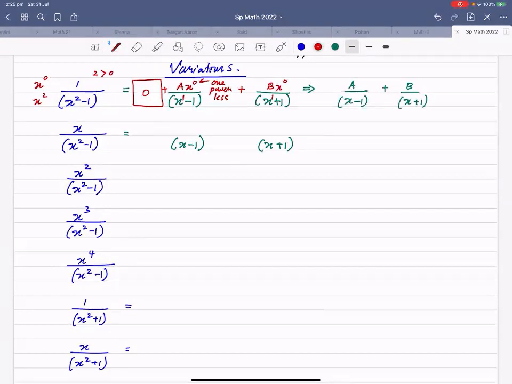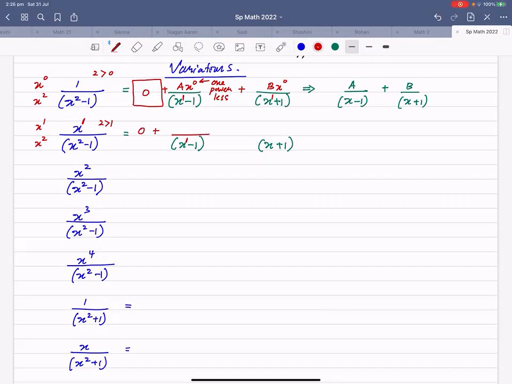In the second one, the numerator, the highest power is 1. Denominator highest power is 2. So x1, x2, right? Highest power. So now 2 is greater than 1, that means you are going to put 0 here. Then you will look into this here, 1.